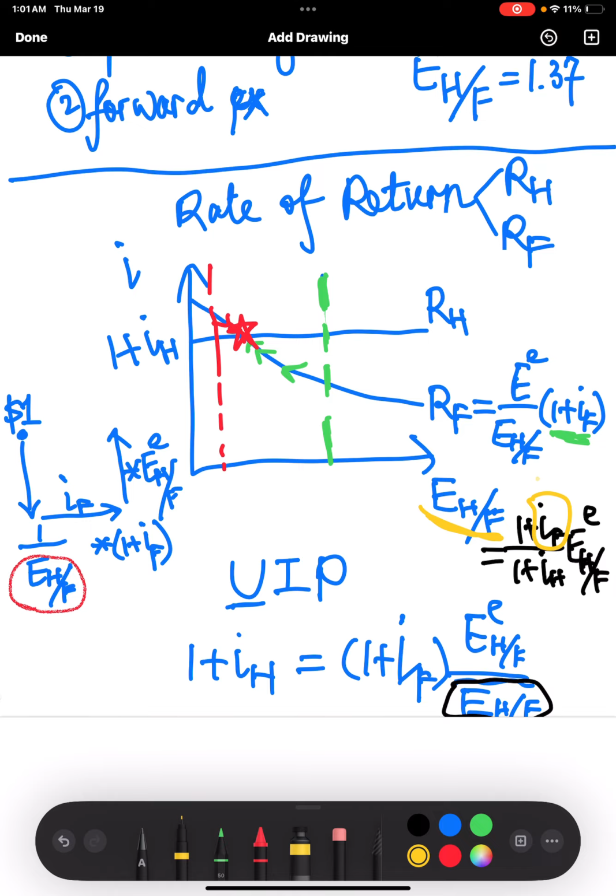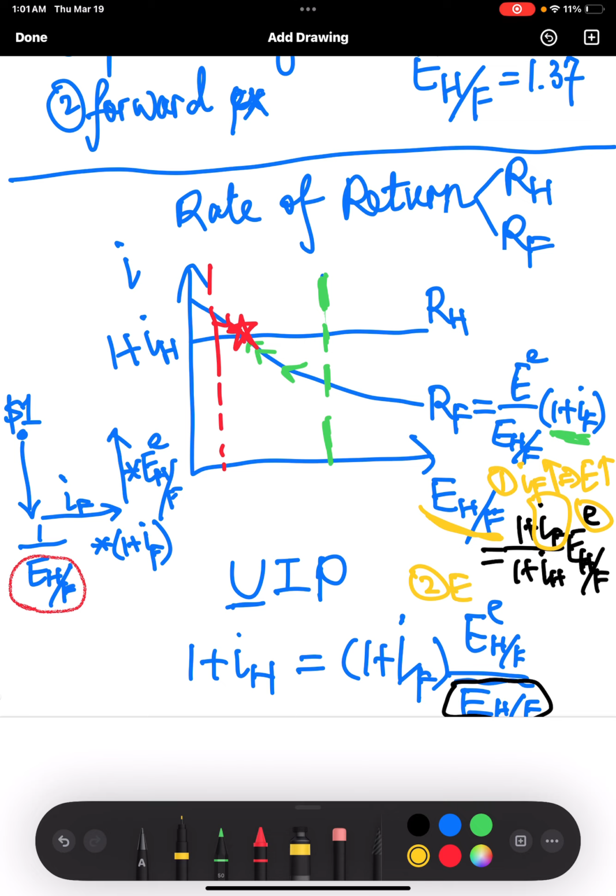So from this equation, what you can get is that when your foreign interest rate goes up, your home currency depreciates. Another one is if your expected exchange rate goes up, which means that if you expect your home currency to depreciate later, then it's going to start depreciating today.